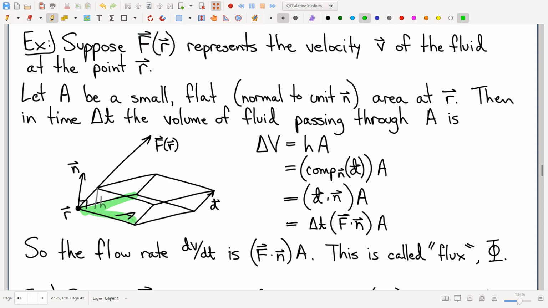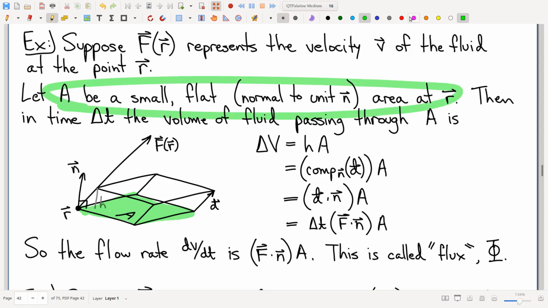If I have some area like that, and if I have some fluid described by a vector field in terms of its velocity, let's say like that, a reasonable question to ask is: I know what the velocity of the fluid is. How much volume per unit time of fluid is passing through that area? Okay, reasonable question to ask.